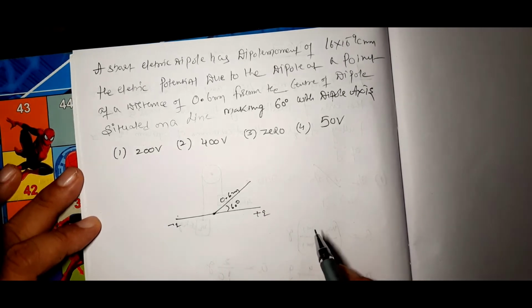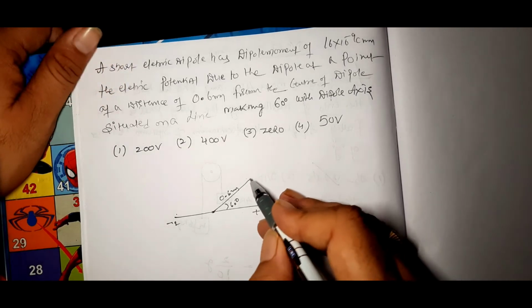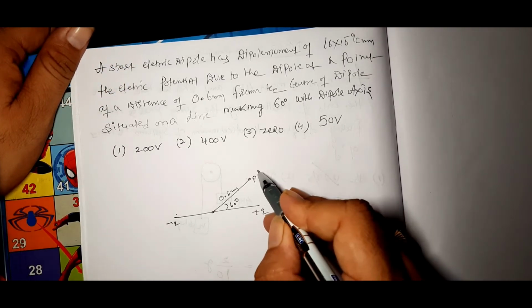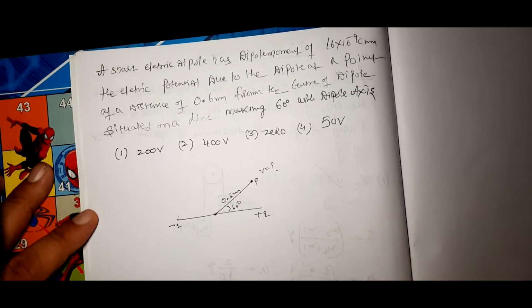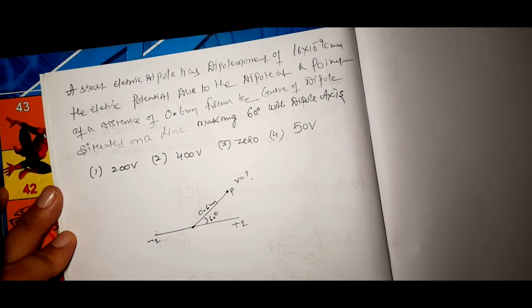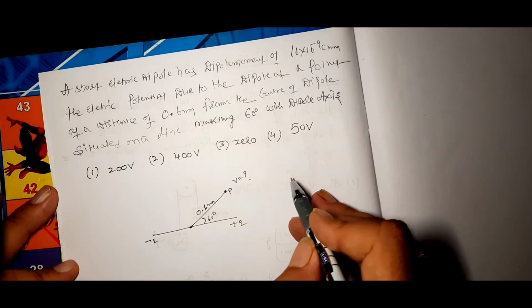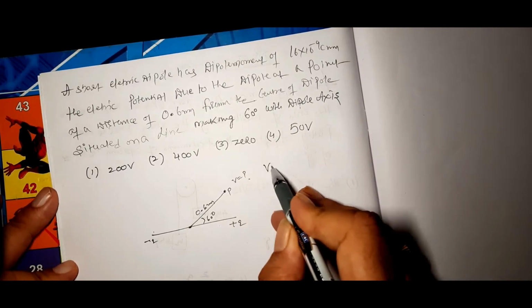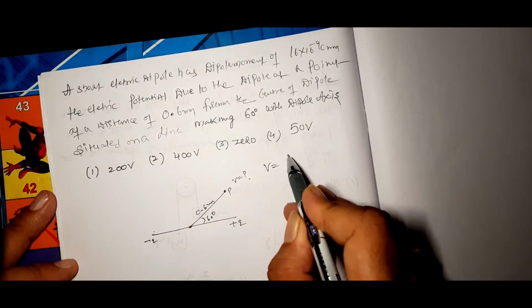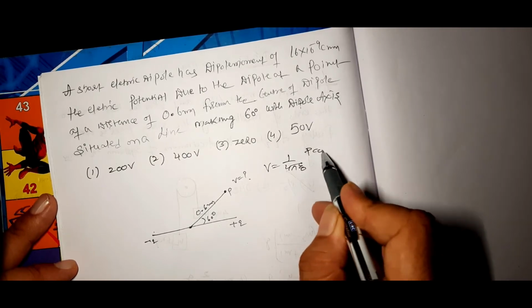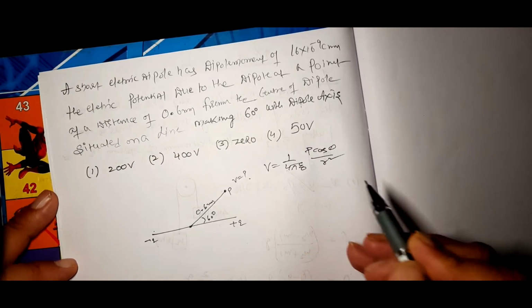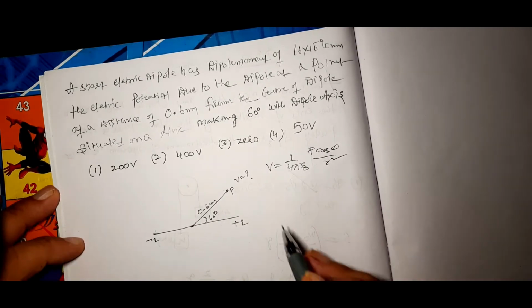This is the dipole axis. We want to find out what the potential is here. In the NCERT textbook there is a derivation to find the potential at any point. The derivation gives V is equal to 1 by 4 pi epsilon naught into p cos theta by r square.